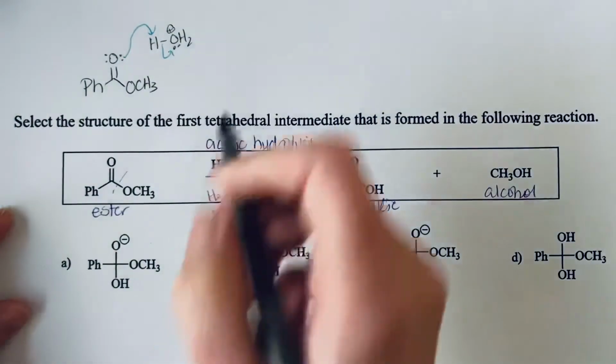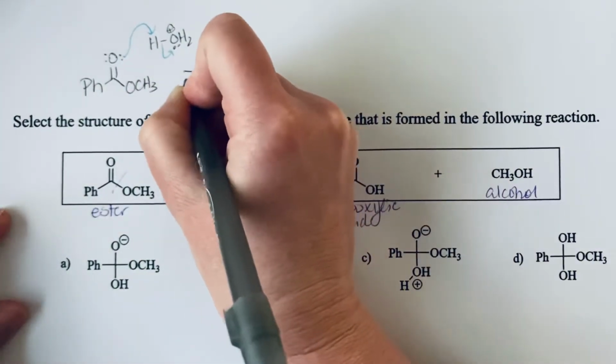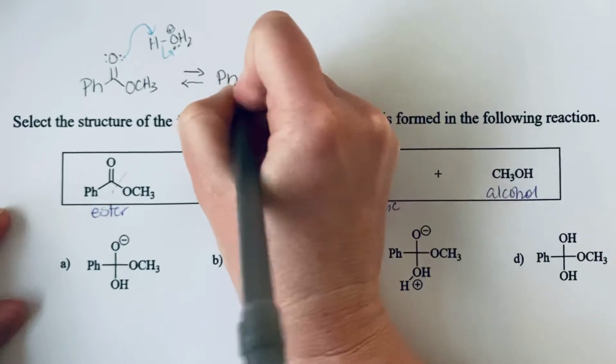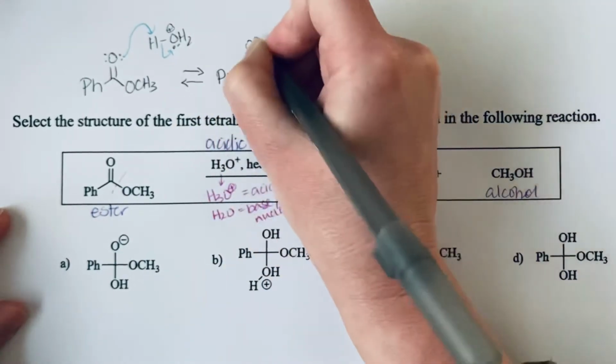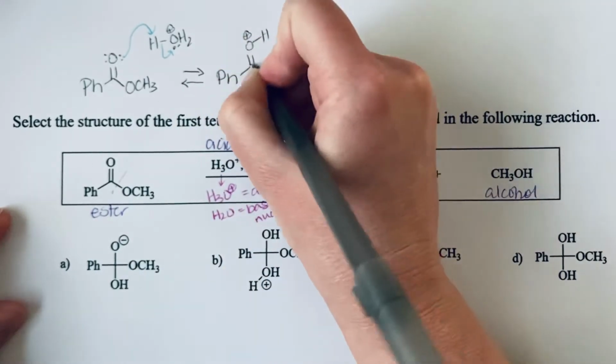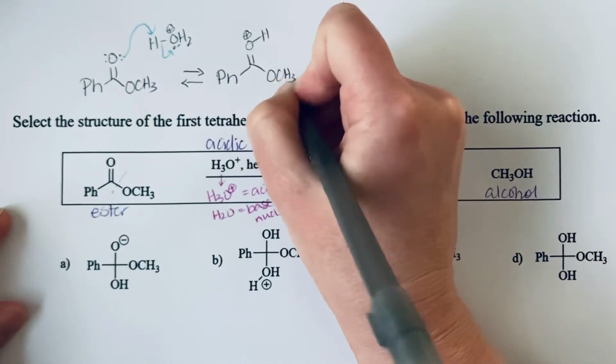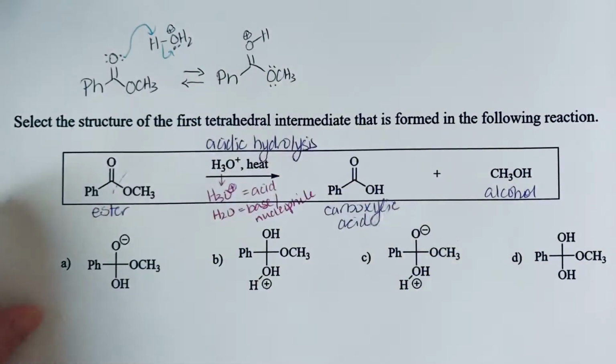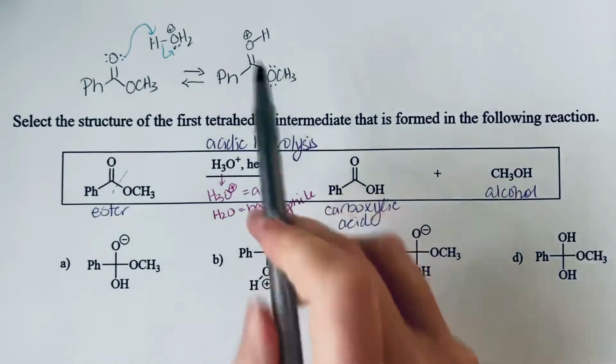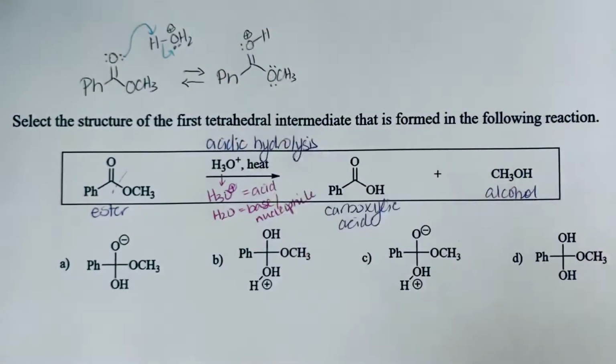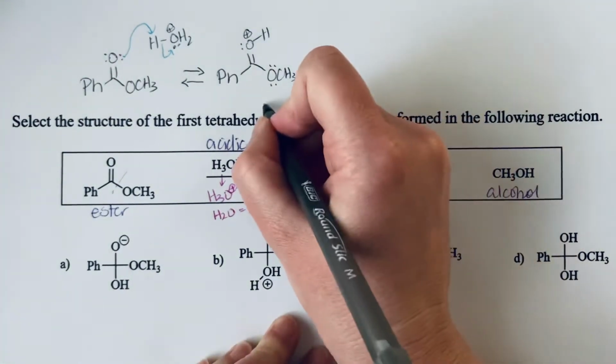And this is a reversible step. And so we'll draw this protonated carbonyl. This protonated carbonyl is more reactive than the neutral ester. By making the electrophilic carbon more reactive, it can react with a weak nucleophile like water, which is what's going to happen in the next step.